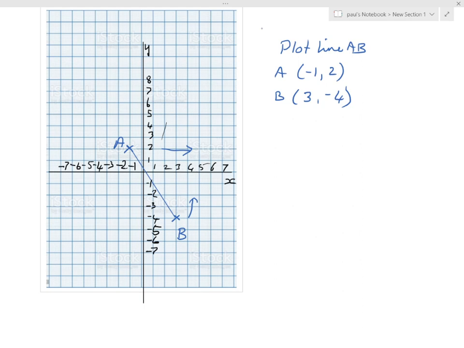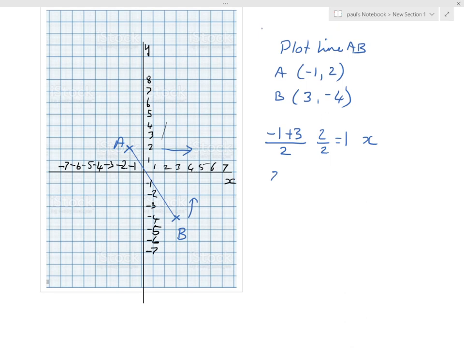So what we need to do is add these two numbers together and divide by 2. So minus 1 plus 3 is 2, divided by 2, which equals 1. So this is our X value of the midpoint.